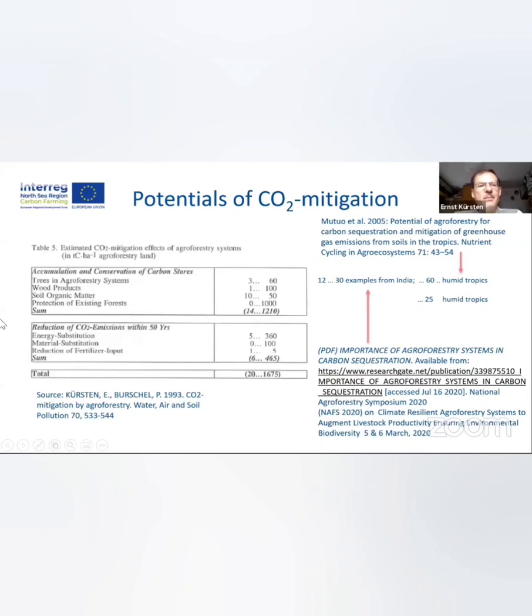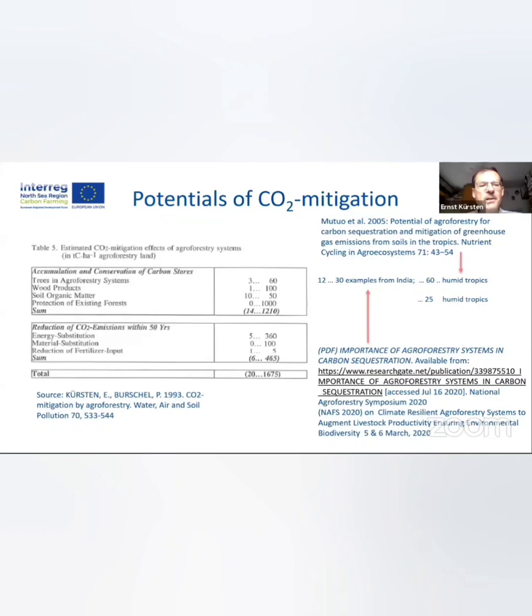And the second type of effect is this energy and material substitution, which I just explained to you. So energy substitution is if you produce fuel wood in your agroforestry system and therefore don't need any fossil fuels anymore, then this is an effect. I mean, if you can't substitute anything because they are relying on fuel wood anyway, then this cannot be taken into account. But if you can really avoid the use of fuel from other sources, then it can be counted.